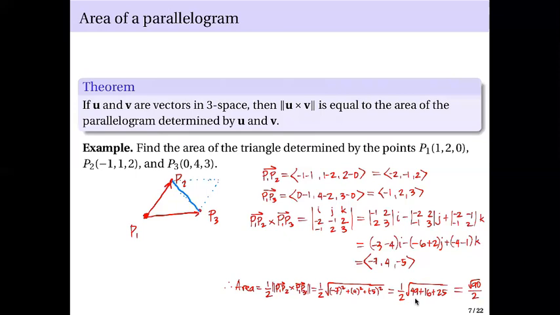So verify. Please check my arithmetic on this part. So 16 plus 25, that's 41. 41 plus 49, that's 90. So square root of 90 over 2. And you can simplify this square root of 90 as 3 square root of 10. But this one is totally fine with me. This guy here, it's just fine. So we'll get this as our final answer.